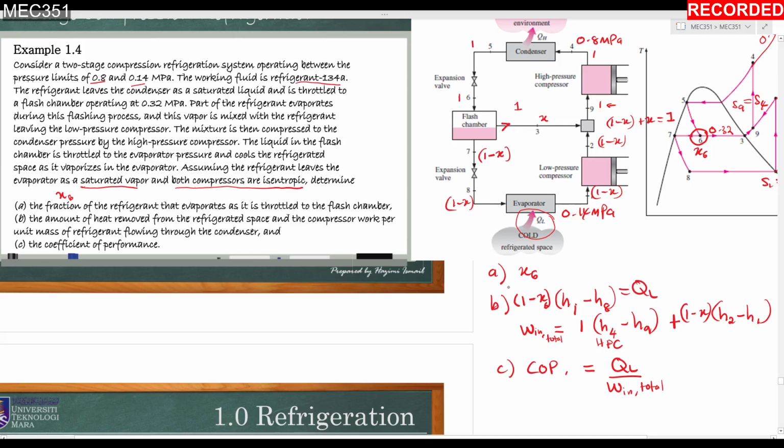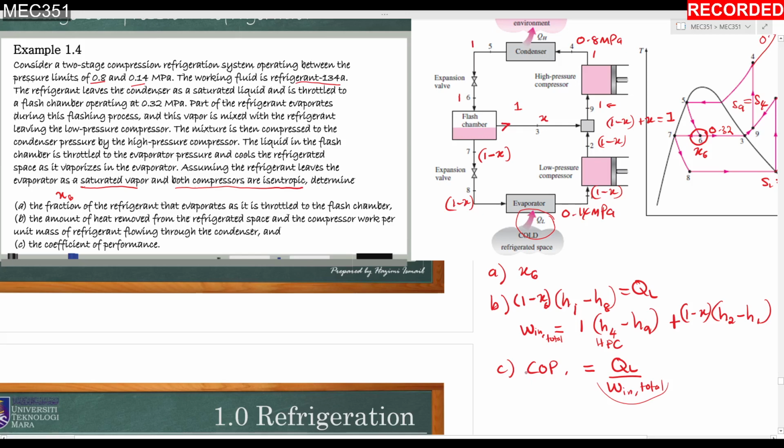So you have to get the x6 value, and then you have the enthalpy value at every state, and you will get the QL and work in, and finally using QL and work in you can find the COP.